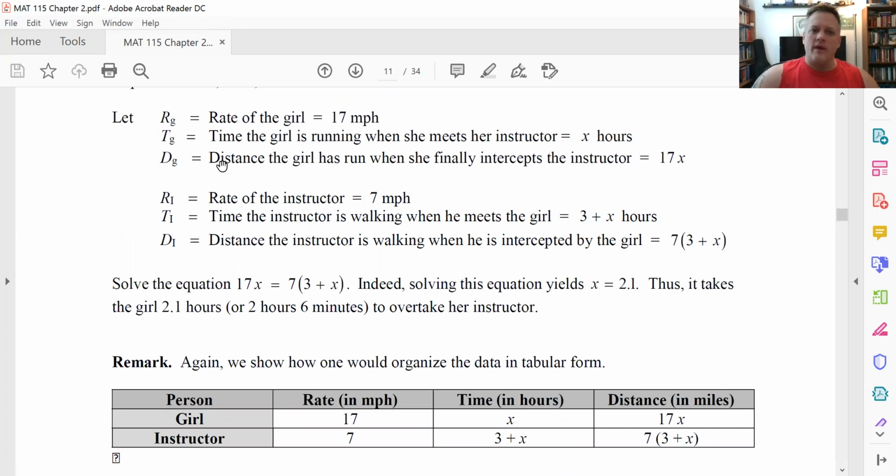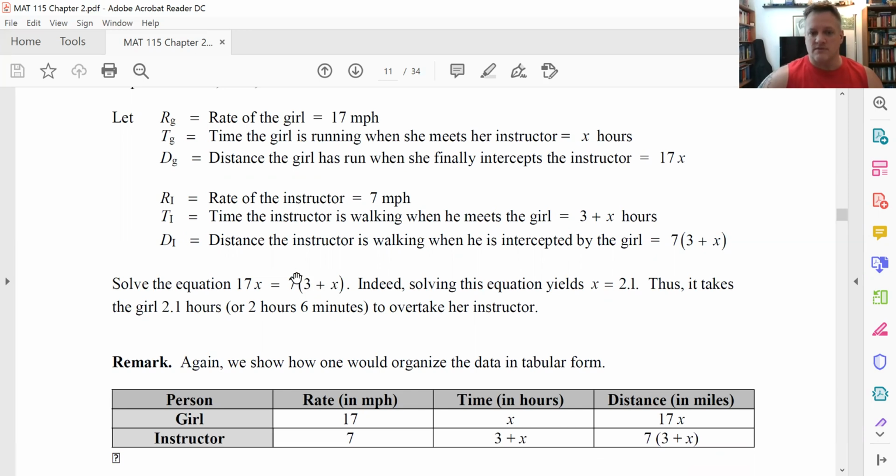But now think, all we need is the distances, because we're interested in the time where the girl intercepts the instructor, which means their distances traveled have to be exactly the same, because they're traveling along the same path. So we get 17X, the distance the girl has traveled, equals 7 times 3 plus X, the distance the instructor traveled. Again, that's a linear equation.